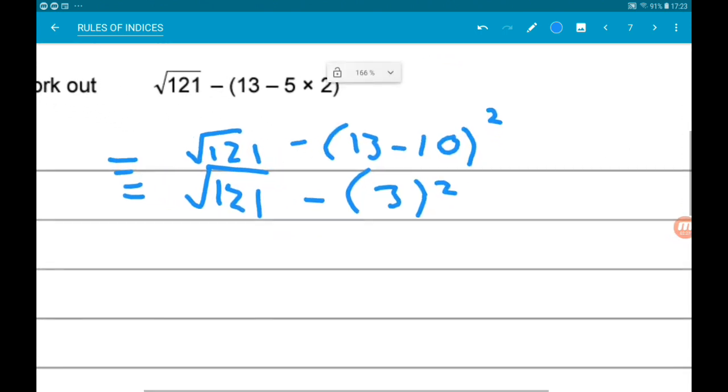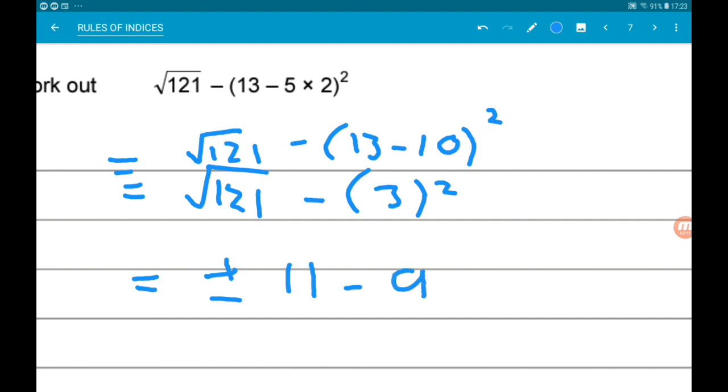So, a bit strange this, because it was also on a foundation paper. When you square root, technically you get 2 answers, positive and negative. So the square root of 121 is positive or negative 11, which for now we can write as plus or minus 11. And then we have minus 3 squared, which is 9.